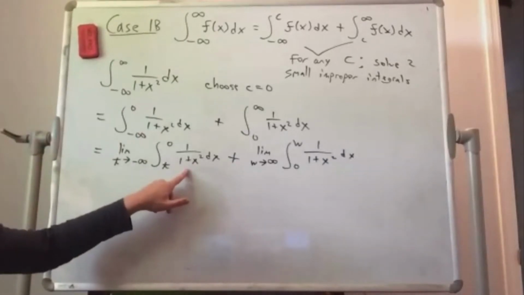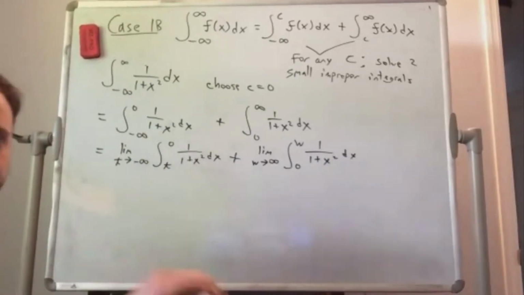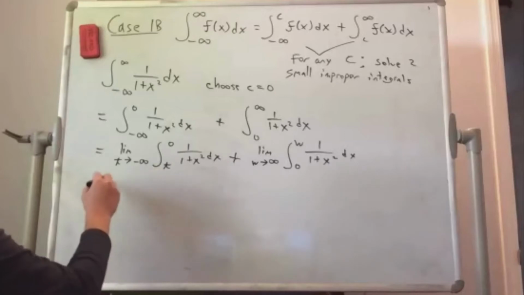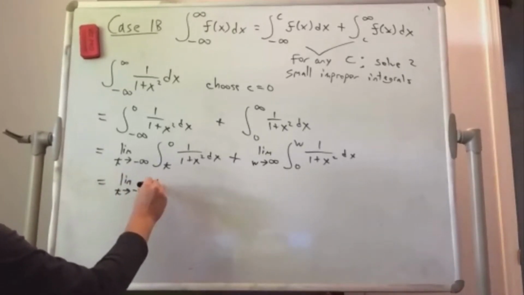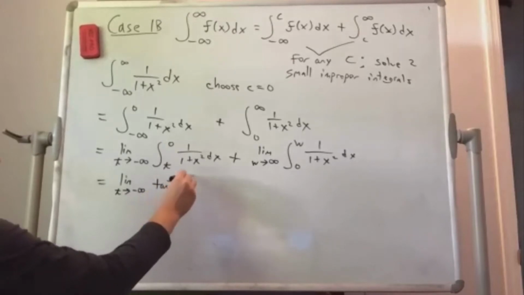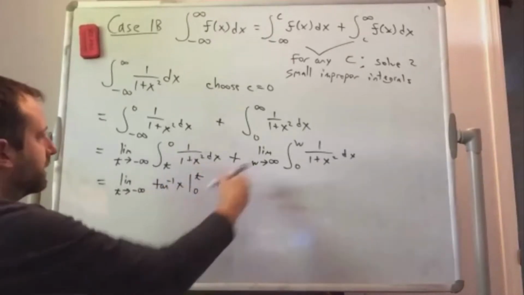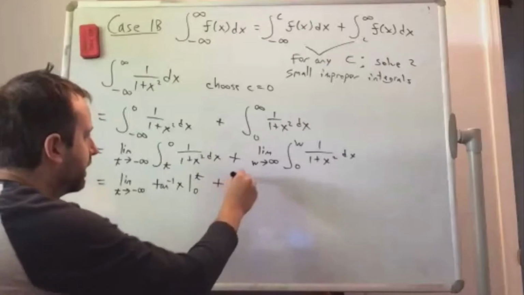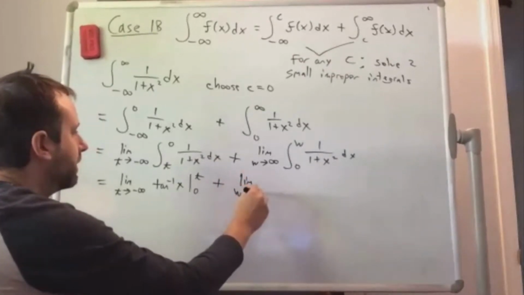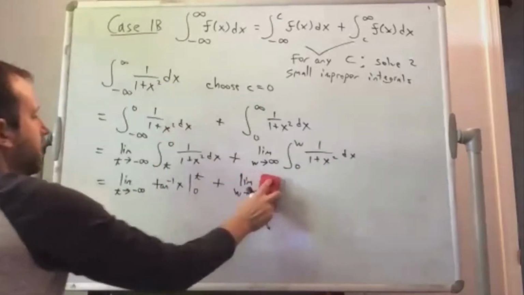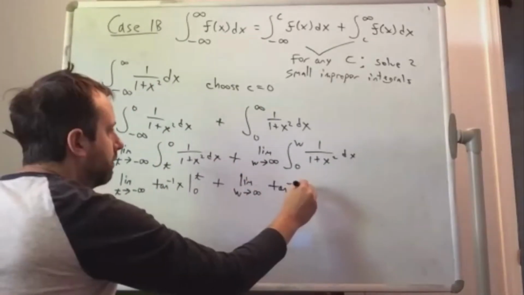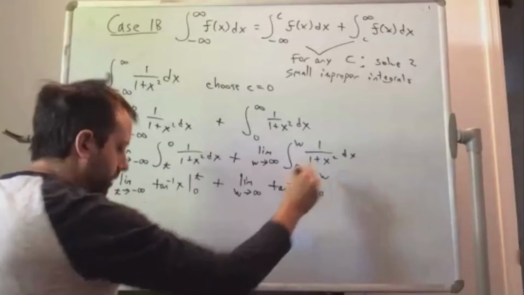Simple antiderivative, it's going to be inverse tan. So we get limit as t approaches negative infinity of tan inverse of x from 0 to t, plus, obviously it's the same thing on the other side as far as the antiderivative goes, so you don't have to integrate it twice. Limit as w goes to infinity of inverse tan of x from 0 to w.